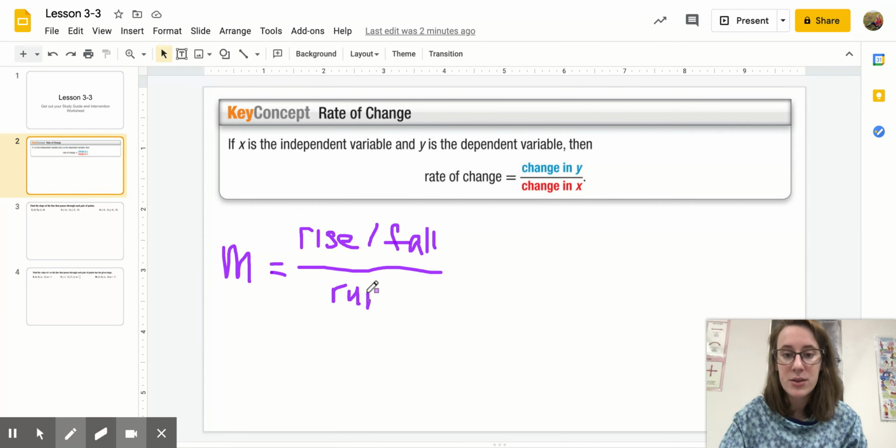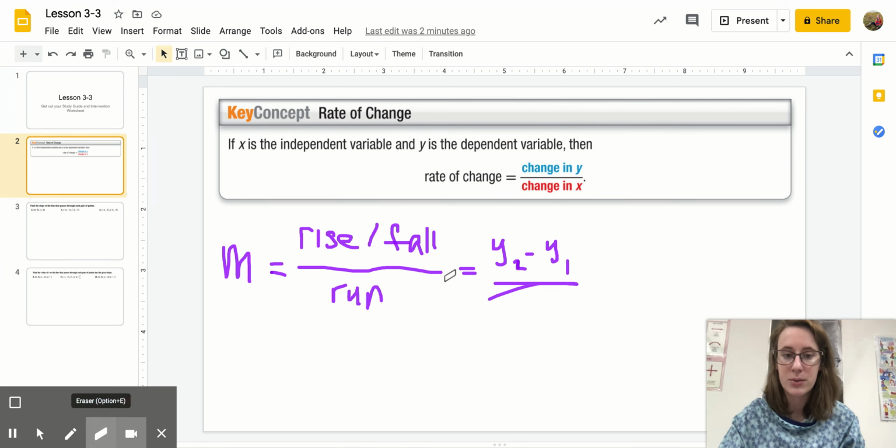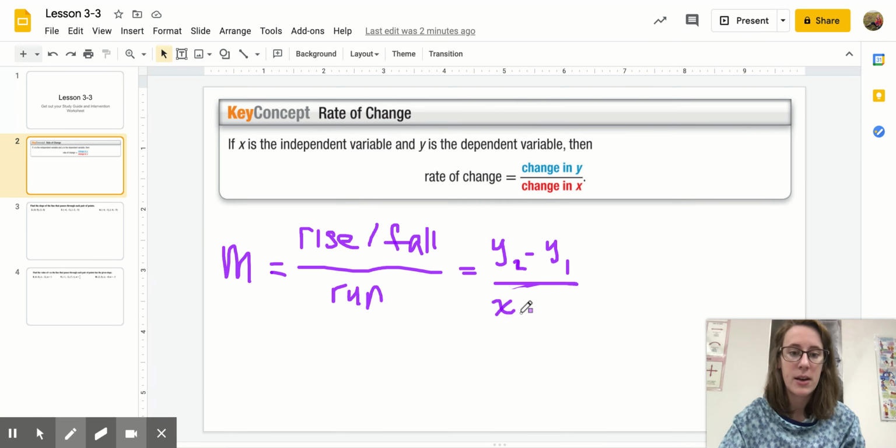I will remind you too that when we have a graph, you always read it from left to right like a book. So it's rise/fall over run, or we have an equation that we're going to use now in order to solve for some unknowns. So our equation is y2 minus y1 over x2 minus x1.